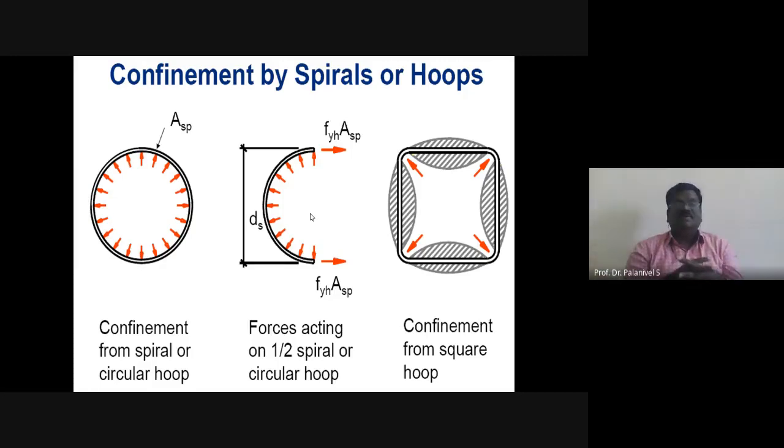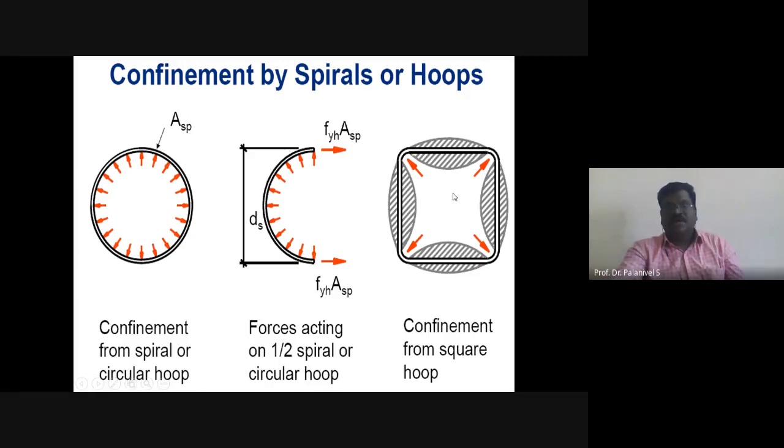Confinement by spirals or hoops. This is the confinement reinforcement. When you confine the concrete, what happens? Take a rectangular column with lateral ties provided like this.